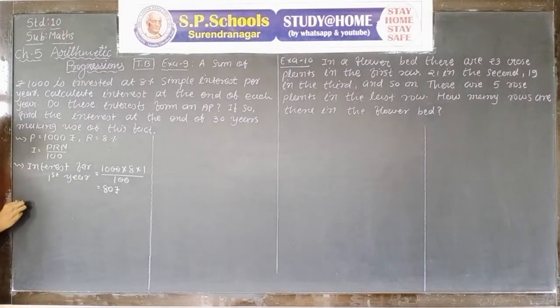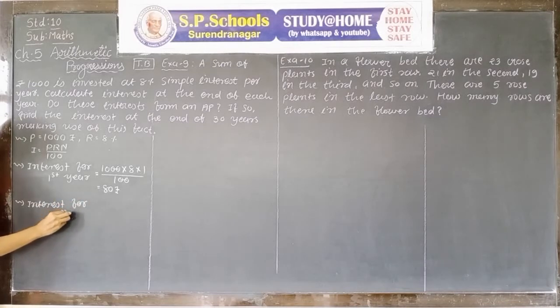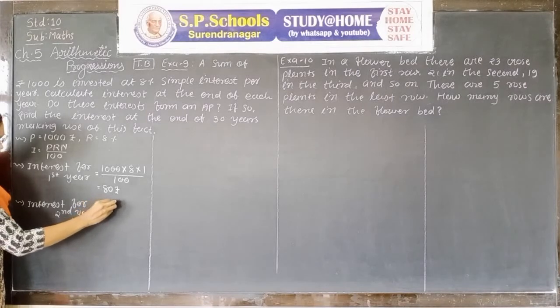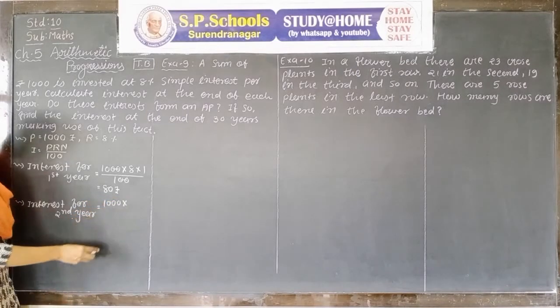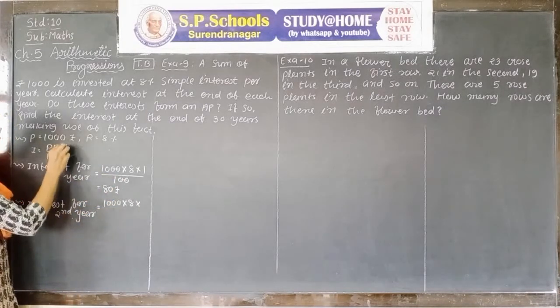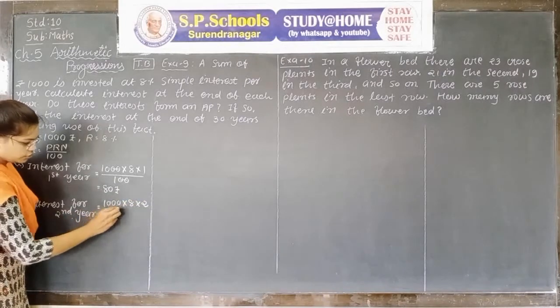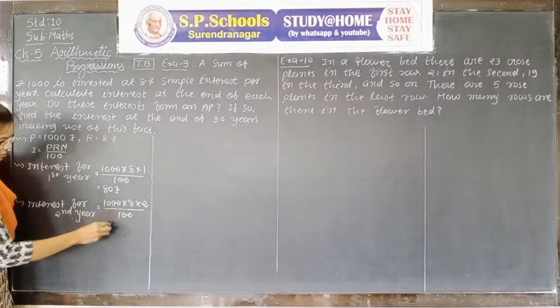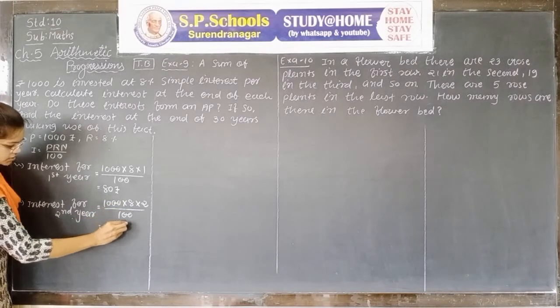Same way, interest for the second year is equal to 1000 into 8, but instead of n it is second year, so 2, upon 100. 2 zeros are cut, 8 2s are 16, 160 rupees.